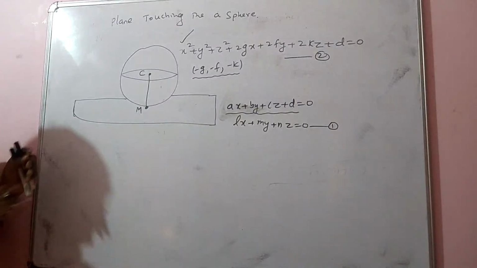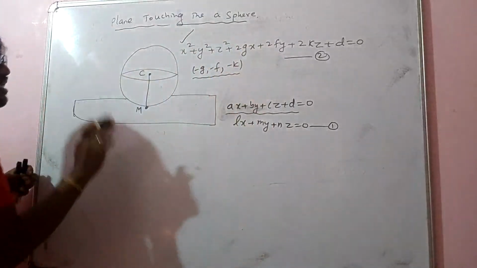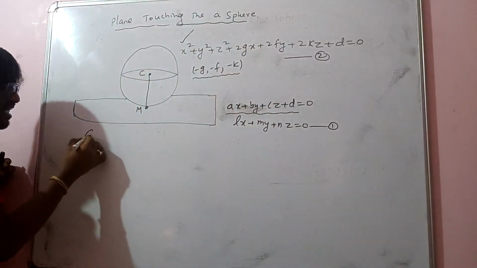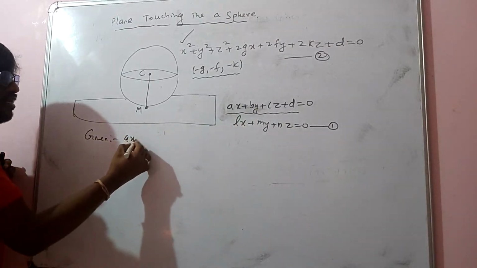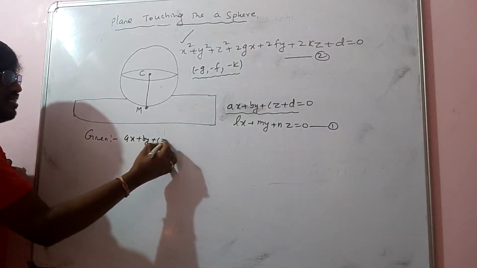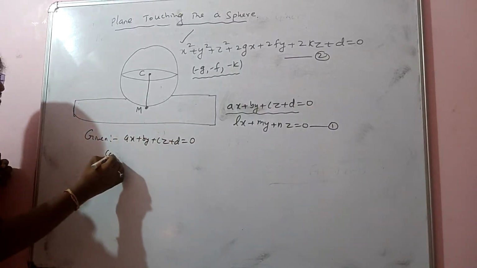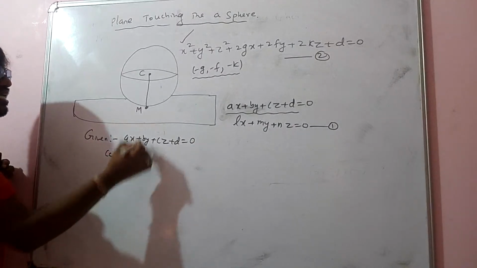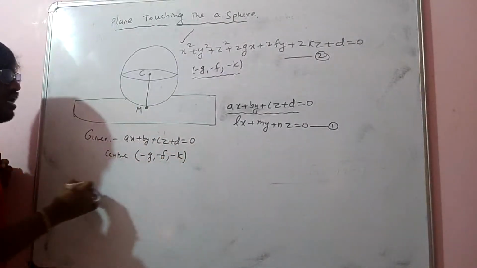In this case, whenever a plane is touching a sphere, the given data is the equation of the plane, ax plus by plus cz plus d is equal to 0, and the center of the sphere, minus g comma minus f comma minus k.